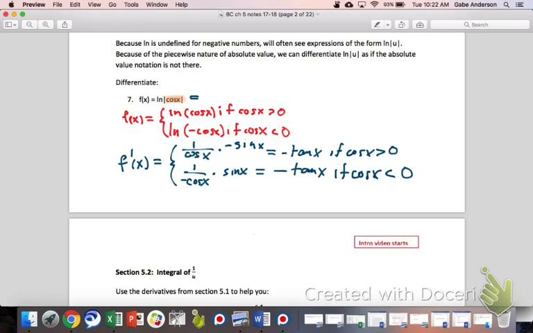Derivative of ln of cosine of x is 1 over cosine times negative sine, which is negative tangent of x, just based on the way the piecewise derivative works out every time. You could either piecewise it out, like I did in the red and the blue, or you could simply realize that it doesn't matter, and just do 1 over the input times the derivative of the input, as if the absolute values weren't even there. Is that an okay proof? Does that make sense? Any questions?